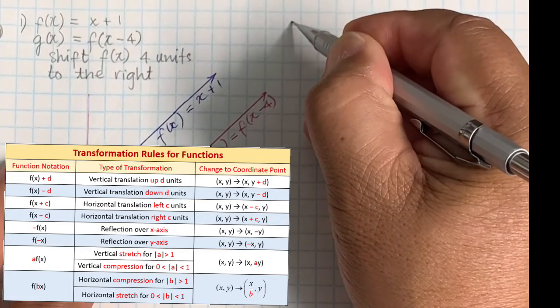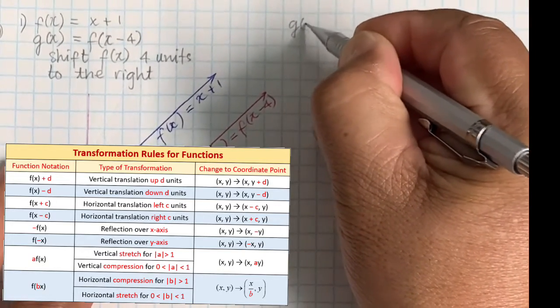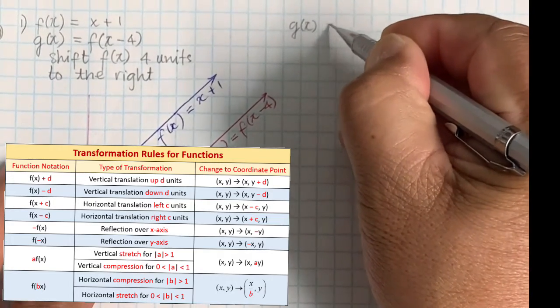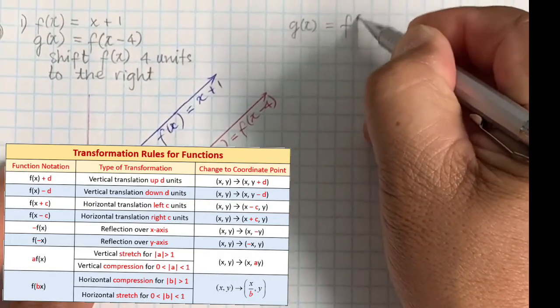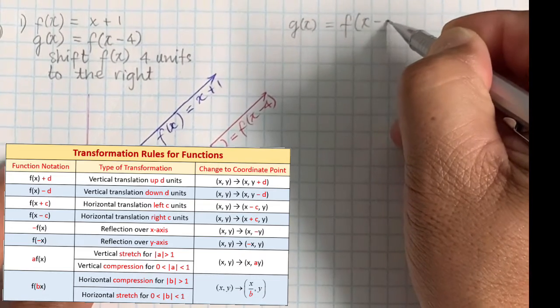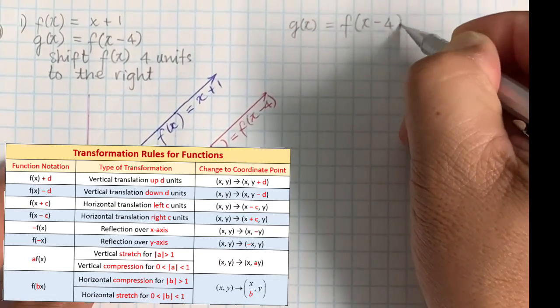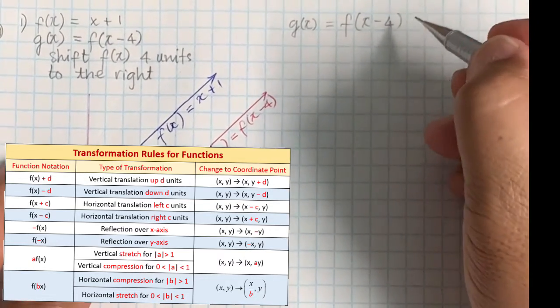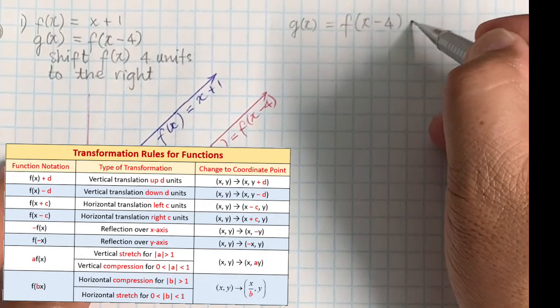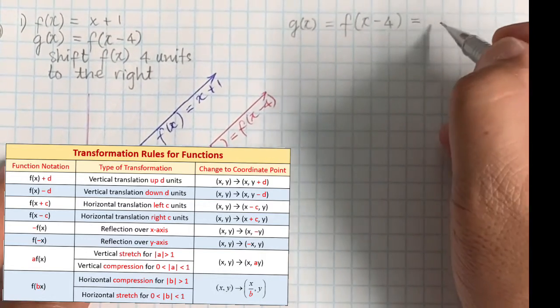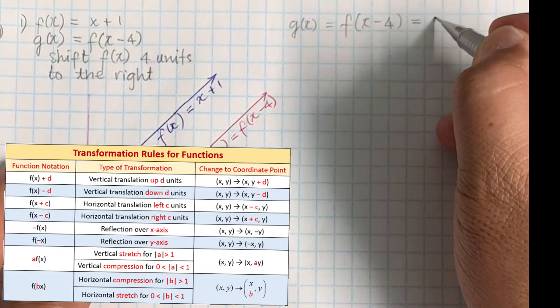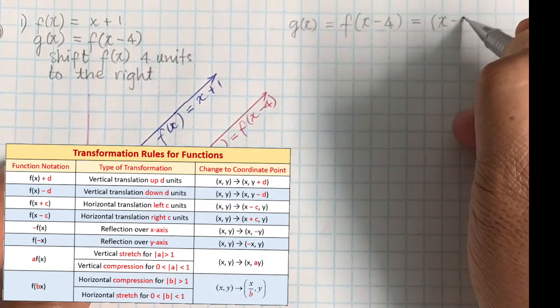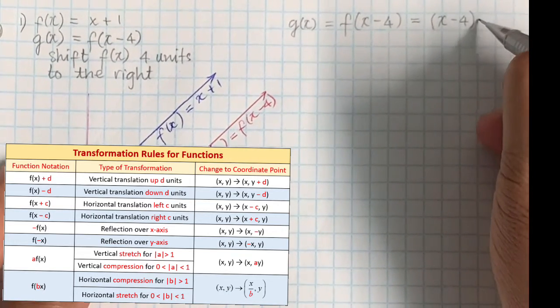You can write g of x equals f of x minus 4. And then, of course, you can rewrite it as x minus 4 plus 1.